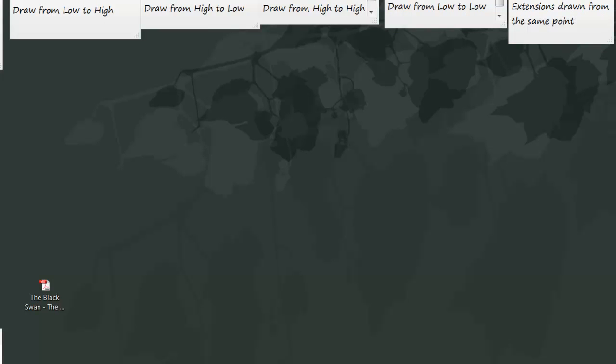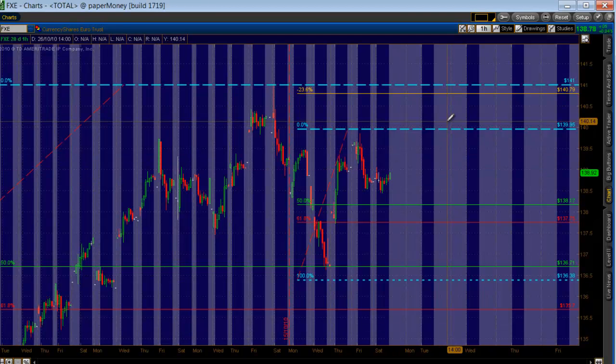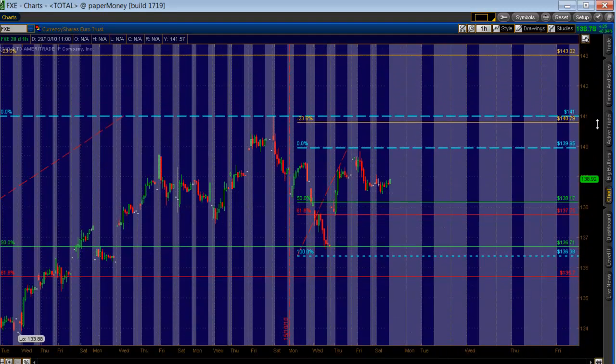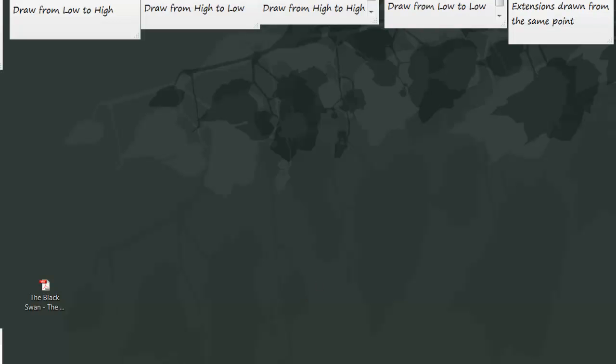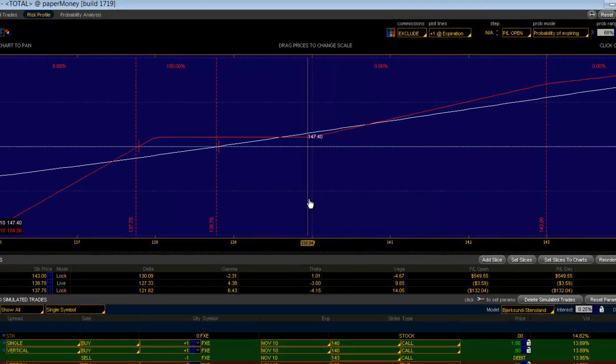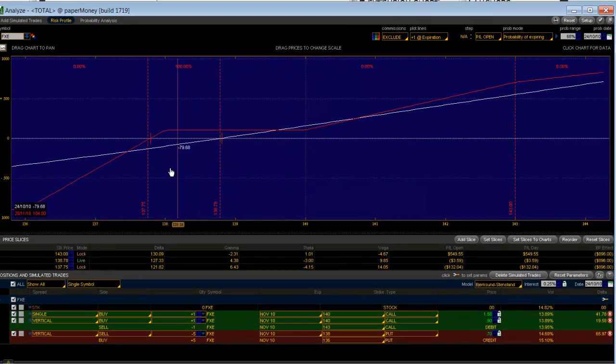So if we were to take those levels as our trade plan, 137.75 as the stop and 143.02 as the target, I've come up with this particular option strategy: 137.75, 143.02.